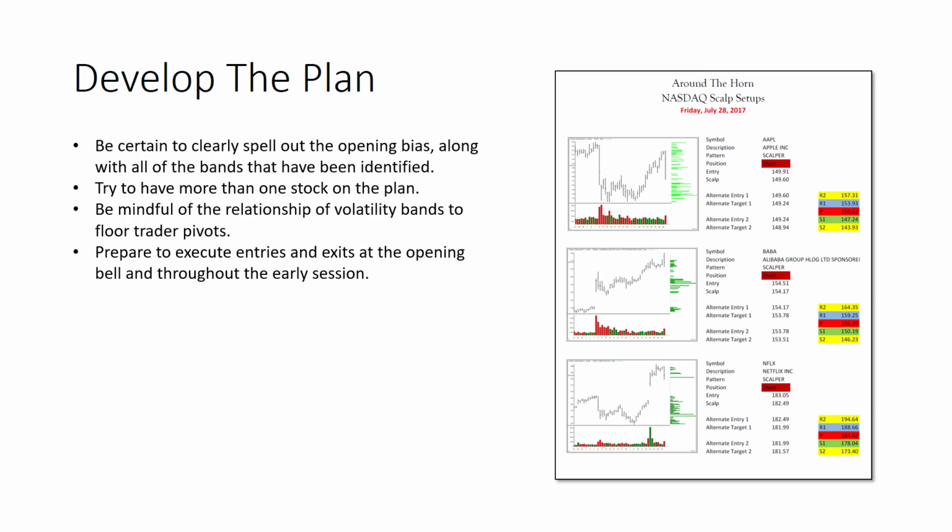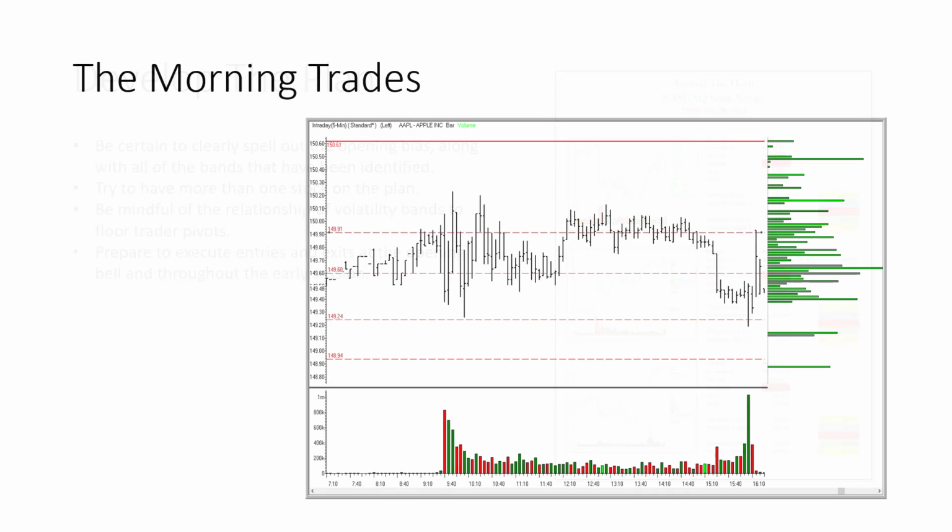Those opening bell trades, the stops need to be a little bit wider than they'll be during the session. So you have to have a little bit more risk tolerance on an opening bell trade than you do once 5 or 10 minutes have passed and the stock settles in. So that's totally a judgment call on the part of the trader.